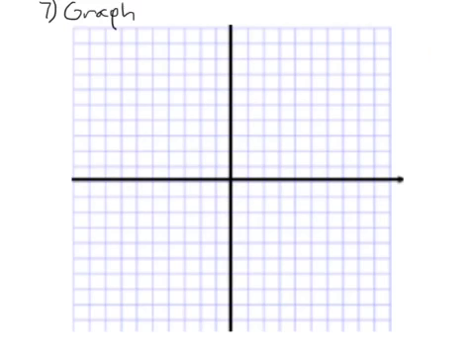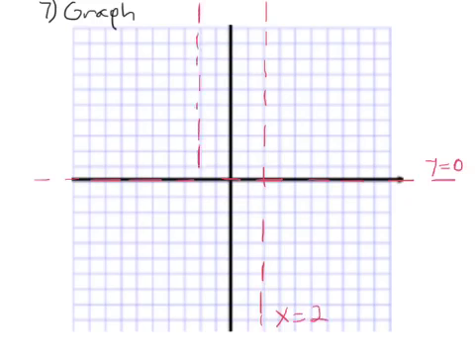Alright, so now we want to graph. First things first, I'm going to draw in my asymptotes in red here. We had y equals 0 as our horizontal. Then we had x equals 2, and so I put dashed lines there, and then x equals negative 2.